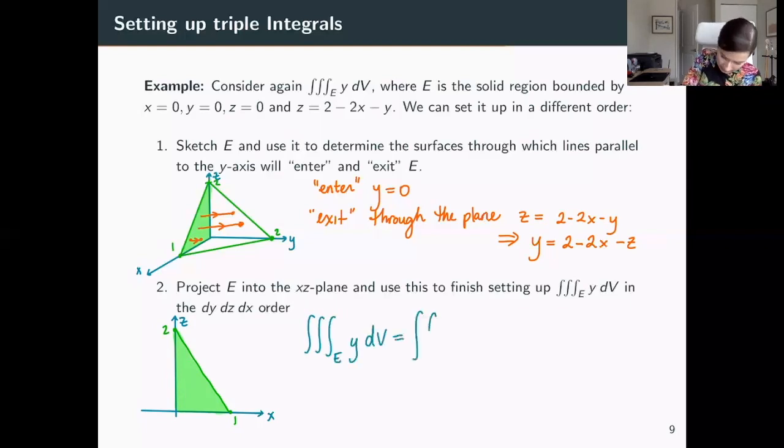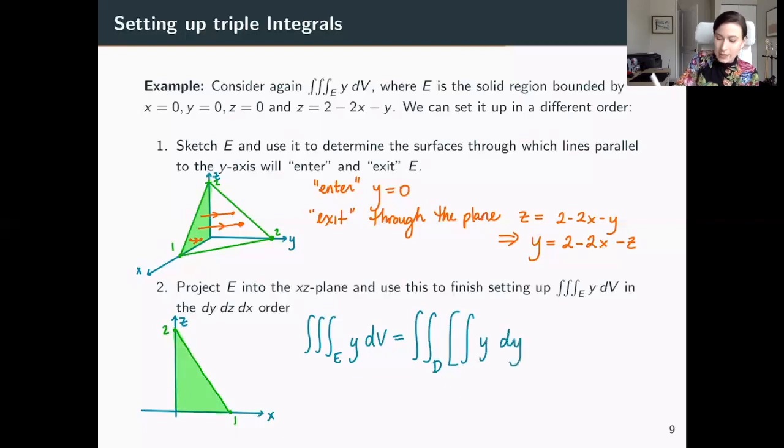We've already set it up in terms of the region D, where we're going to be varying our dy's from 0, and I'll highlight that in orange to keep things consistent, to our 2 minus 2x minus z. And then I need to integrate over our areas dA.